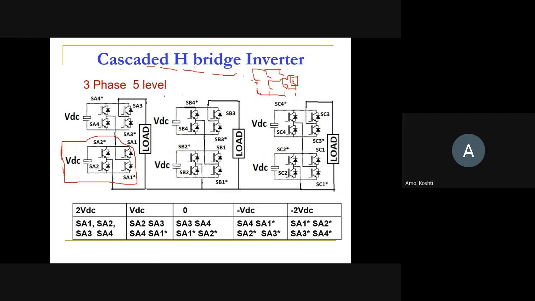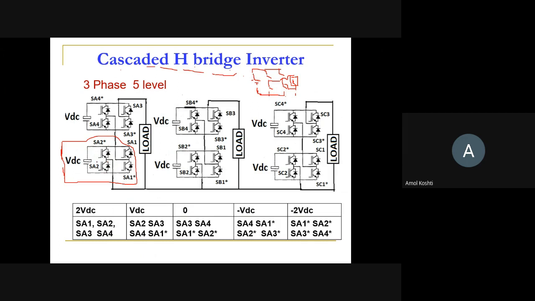Here also we have the mathematical formulation. Like we learned the mathematical formulation to form a diode clamp or a flying capacitor multi-level inverter, similarly we also have a mathematical formulation to form the cascaded H-bridge type inverter. This bridge, which I told you is called one cell, is nothing but the basic building block of the cascaded H-bridge inverter.